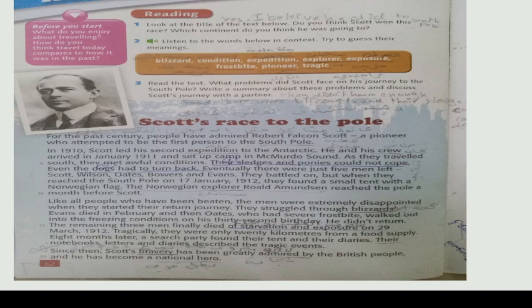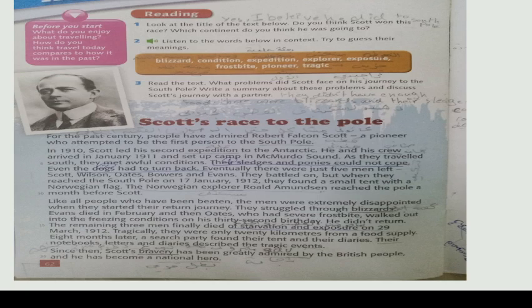Now we are going to read the last 2 lines. Since then, Scott's bravery has been greatly admired by the British people. He was British, from England, from Europe. Bravery here is a noun.